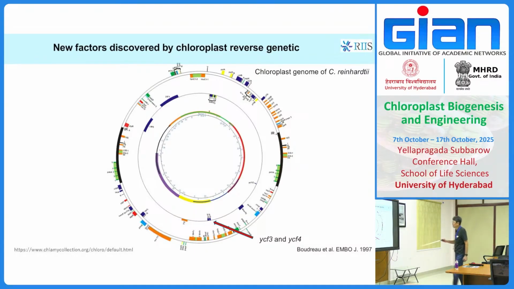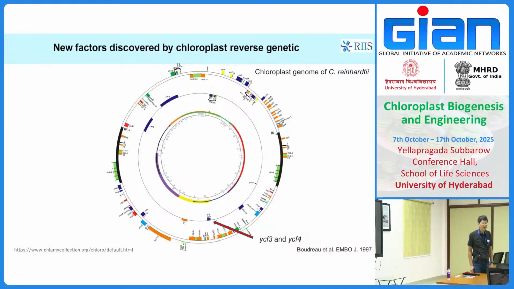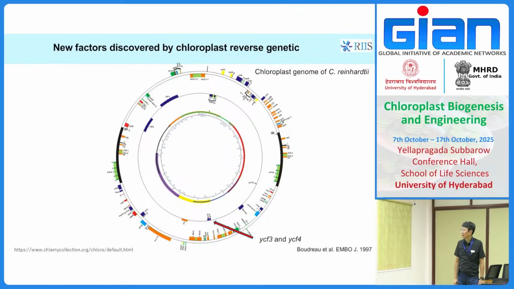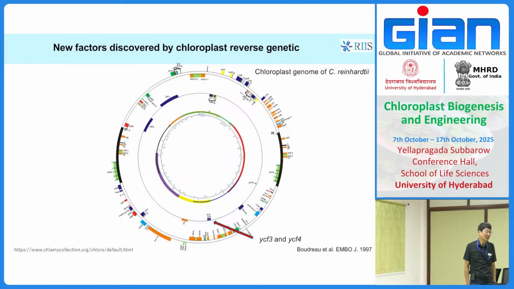So we knocked out anyway, then we analyzed the phenotype. Then we found PS1 is gone. Although YCF3 and YCF4 are obviously not components of PS1, right?